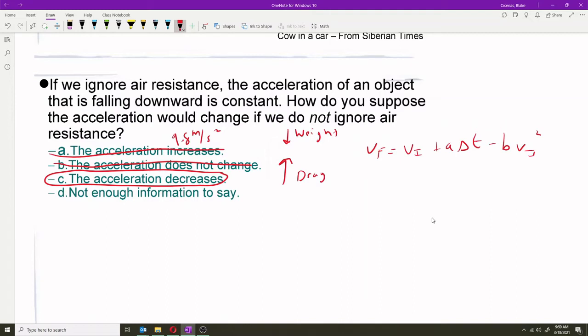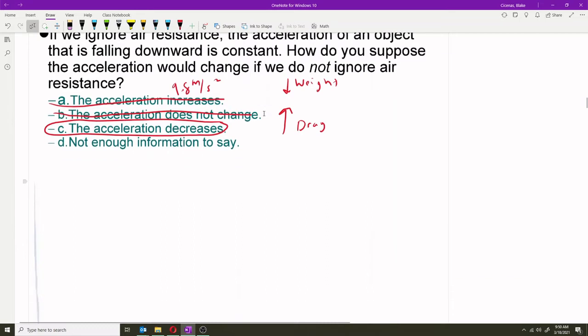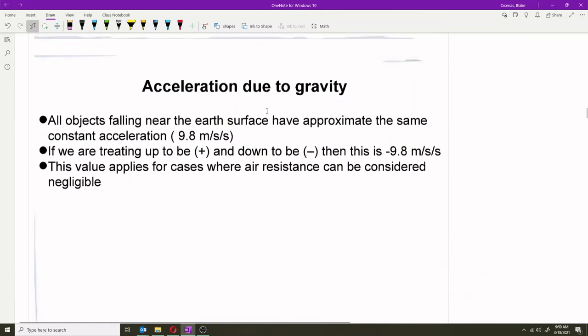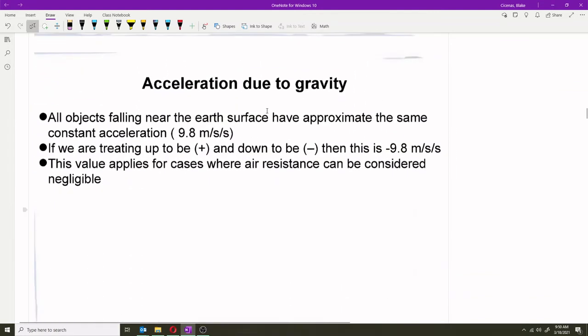Basically, it's really weird, and this b is one of your drag coefficients, and it gets pretty complicated. There's really no way, because we don't know if it's going to be bv or bv squared; it depends on a lot of different factors. So we just don't do a lot when we calculate using air resistance.